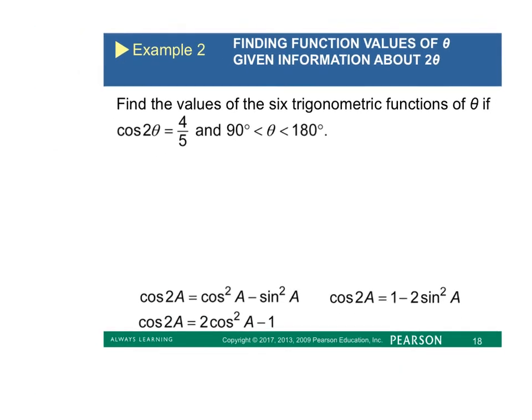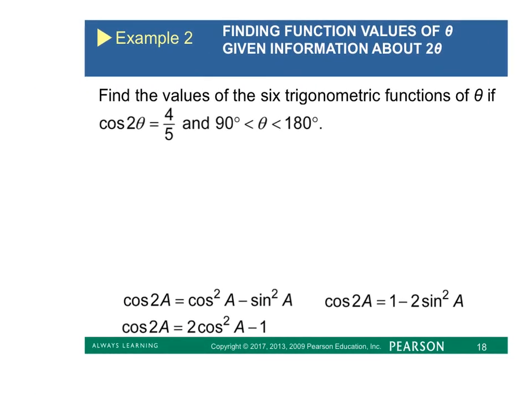Let's see. Okay, I have it all set up. Is that the same problem? 4/5. Which of those would be better? I could probably use any of them, but he wants it in terms of, what was the problem? He wants them all in sine of x's? I'd probably use this one. Cosine of 2x is 1 minus 2 sine squared.